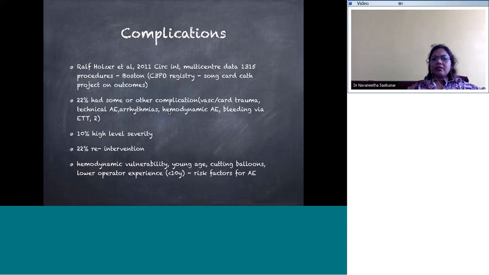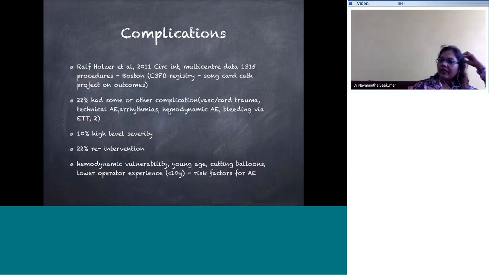This was a study which was coordinated by Boston, and a good number of centers from the US contributed their data to this registry, and they analyzed complications of PA interventions, including both dilatation and stenting. I will come to details of stenting later, but these complication rates include both dilatation and stenting.